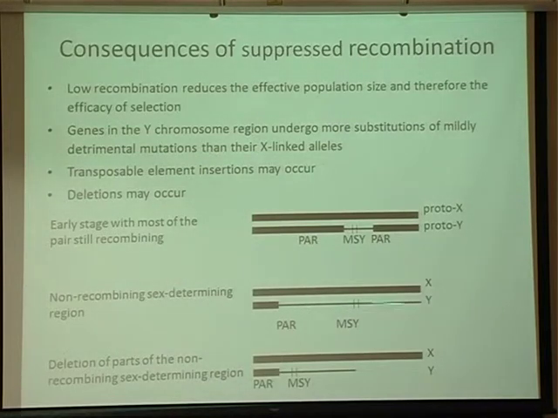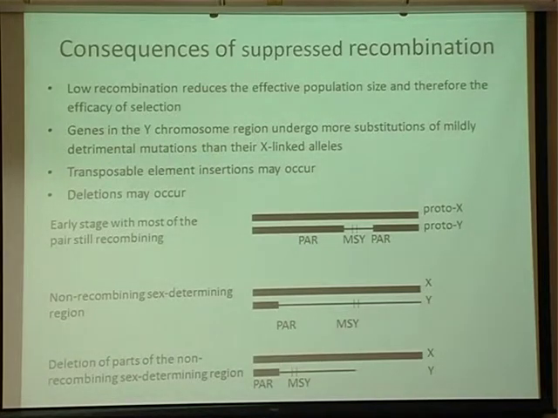So we end up with the Y looking peculiar, not like a normal chromosome. And then we can expect loss of function of genes, so that they can be deleted and lost, and we would end up with only a few genes that are on the X remaining on the Y.